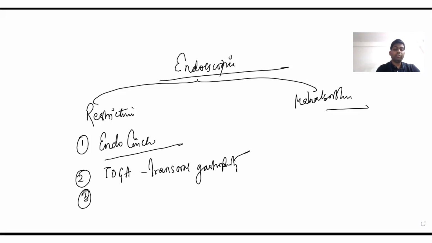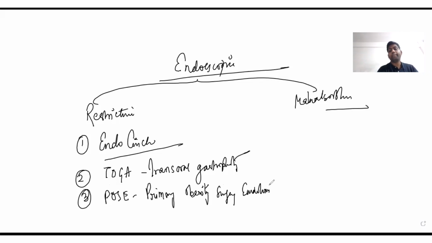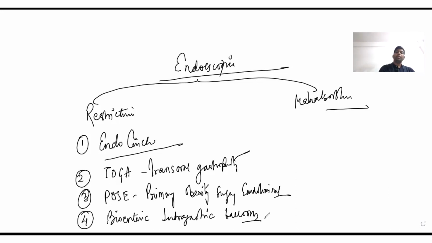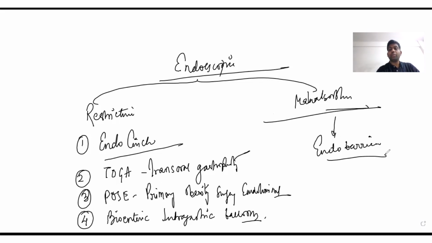Number three is POSE, that is primary obesity surgery endoluminal. And number four is the BioEnterics intragastric balloon. We are going to see each of them independently. And the malabsorptive type includes the EndoBarrier gastrointestinal liner. So these are the various endoscopic procedures for bariatric surgery, restrictive and malabsorptive. Let us look into a few of them.